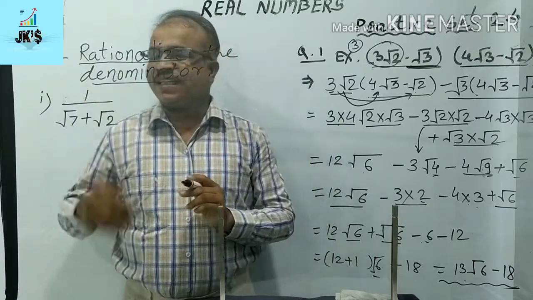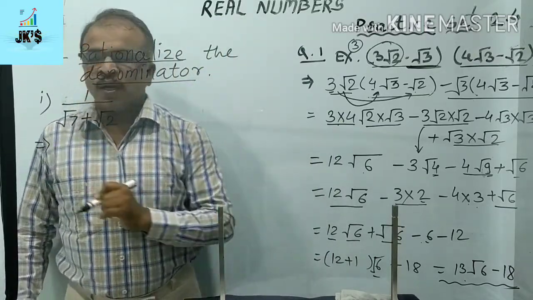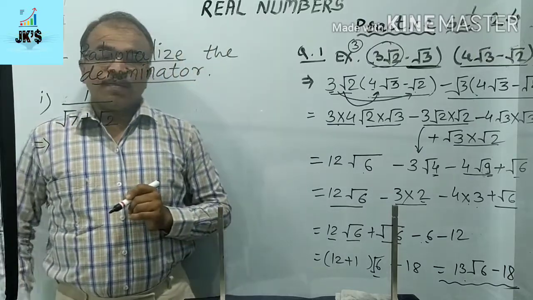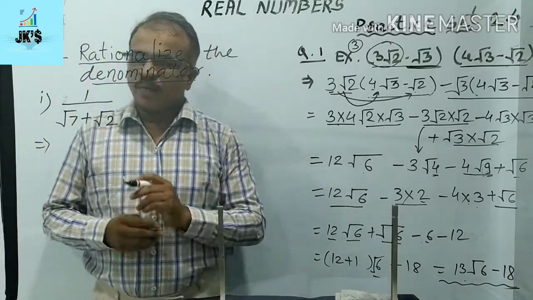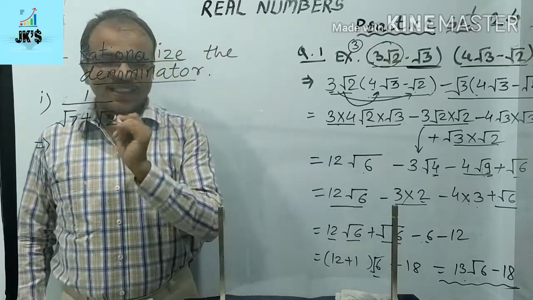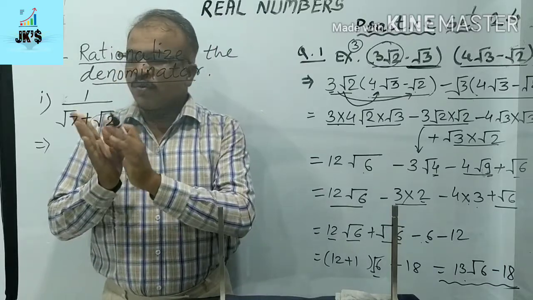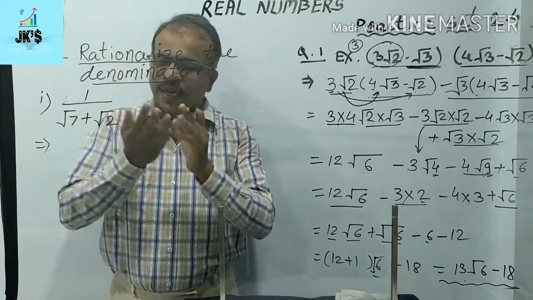So rationalize the denominator. Here see the first example, 1 upon √7 plus √2. Obviously this is an irrational number. We have to convert this denominator √7 plus √2 into a rational one.